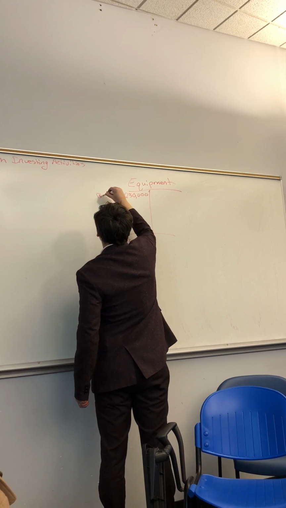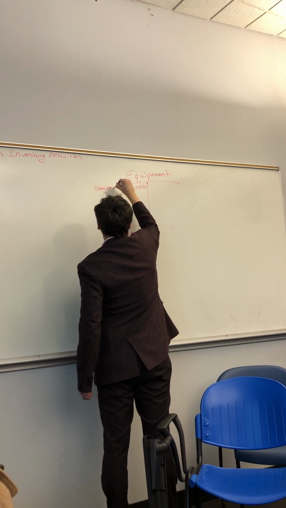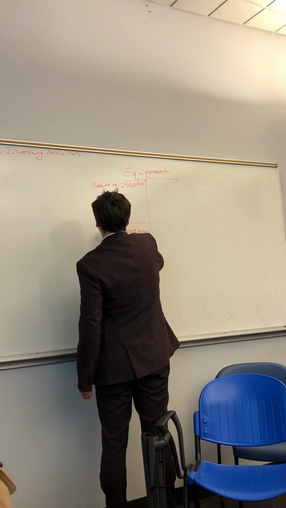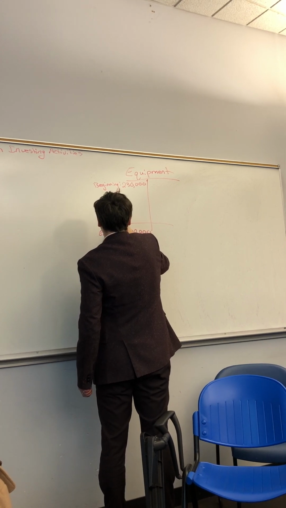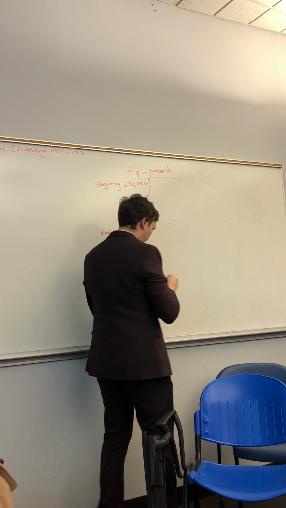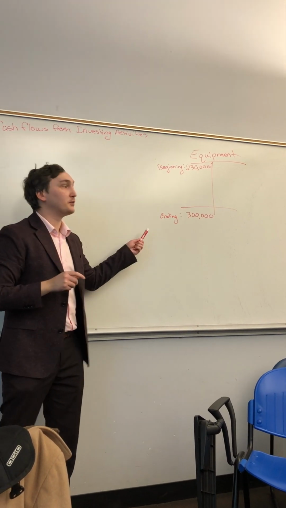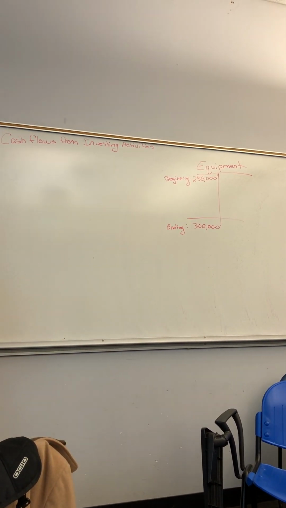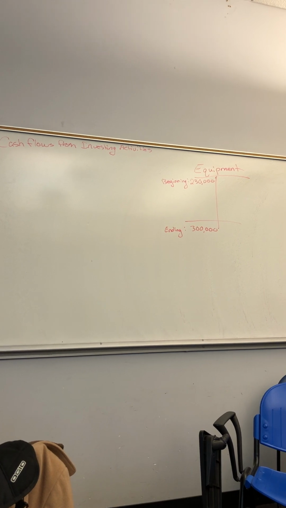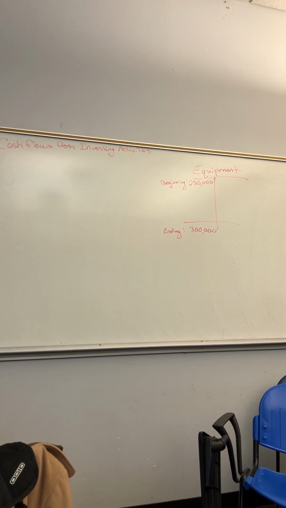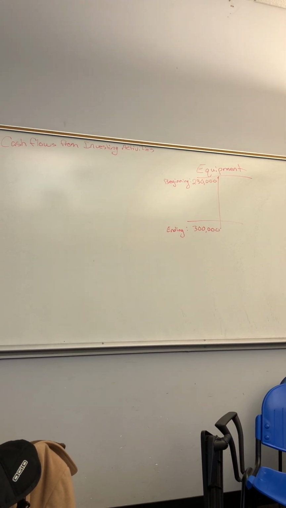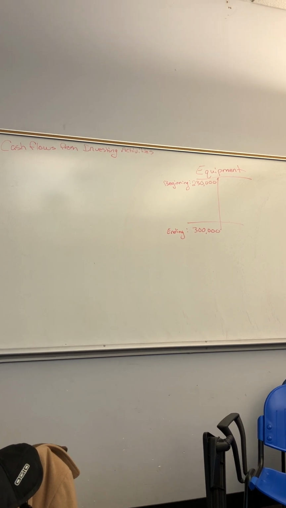So our beginning was 230,000. Our ending was 300,000. At first you think, okay, must be $70,000, right? That's not the case here, because it says the equipment sold originally cost $74,000.